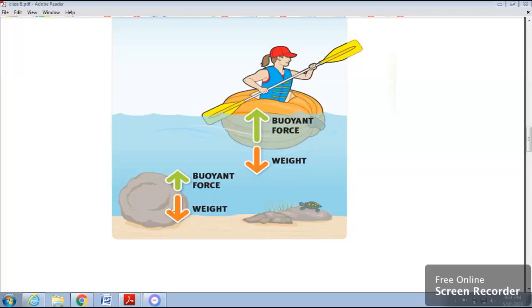In the second condition, the stone has gone down, that means it sinks in the water, and the directions of both forces are opposite to each other. Now, you can analyze that there is a relation between this buoyant force and weight, according to which a body can float or sink in a liquid.